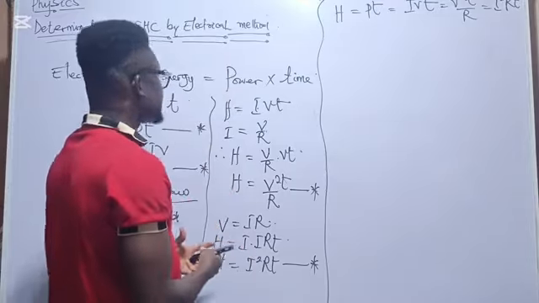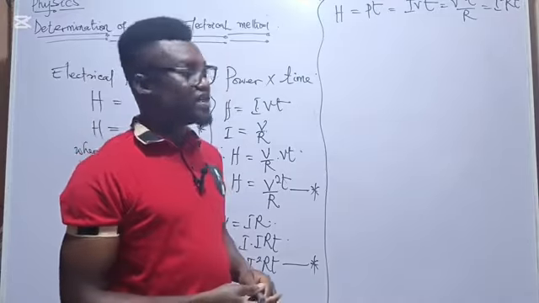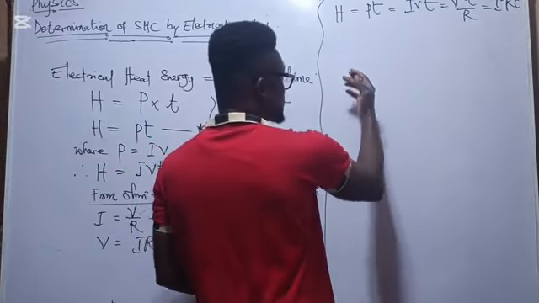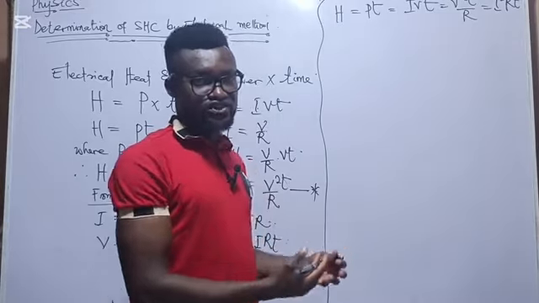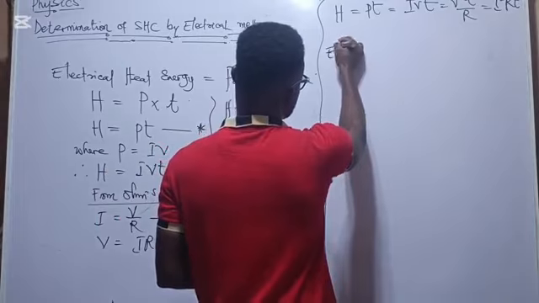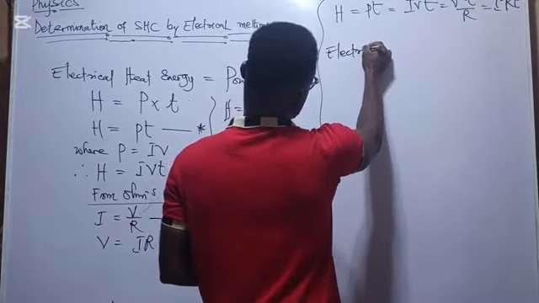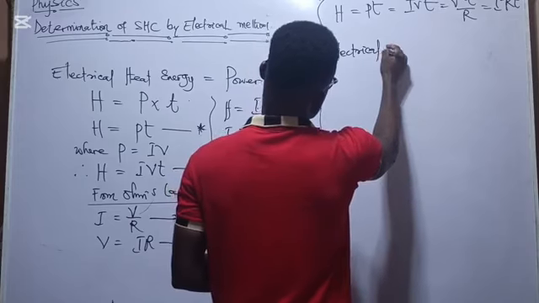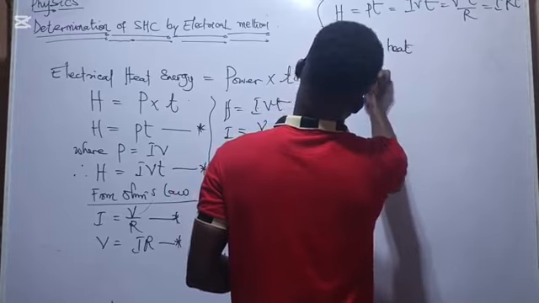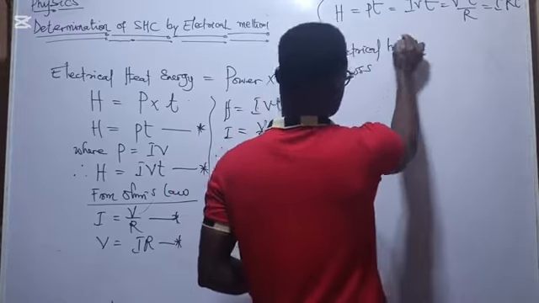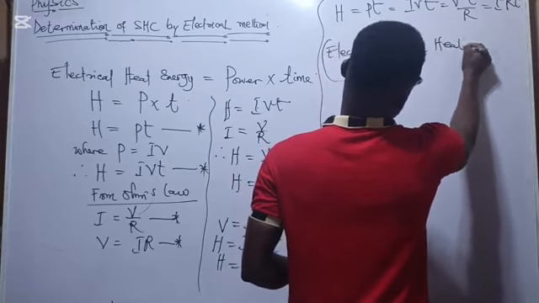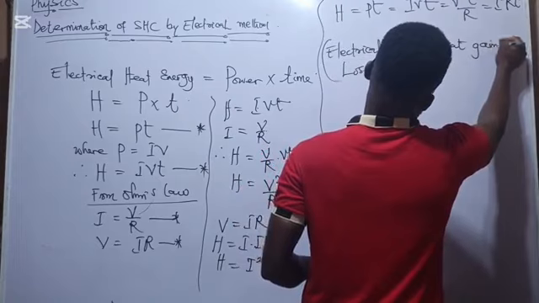Now, based on conservation of energy, when the substance gets its heat from electrical means, the electrical heat lost will be equal to the heat gained by the substance.